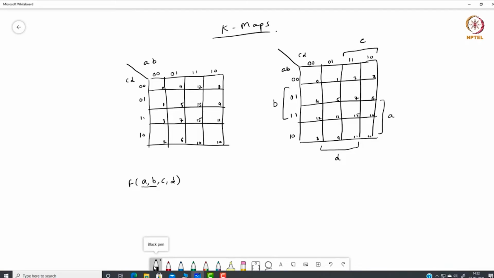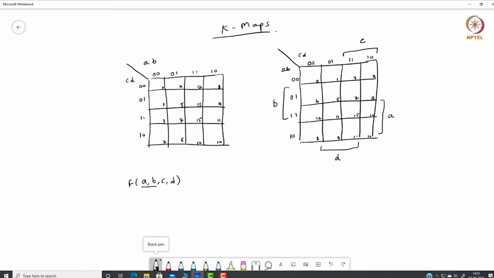But sometimes confusion will arise because the cubes that would be created could be so many. If there are so many cubes, then which cube should be selected is always a question. So how do we select the cubes which are necessary, which are important?